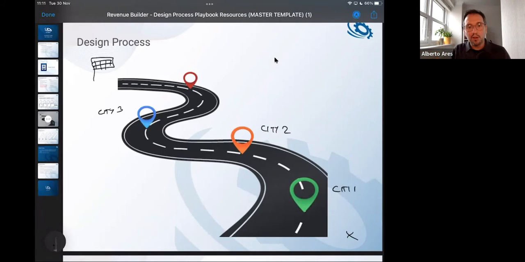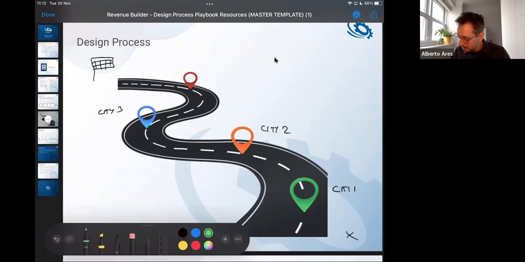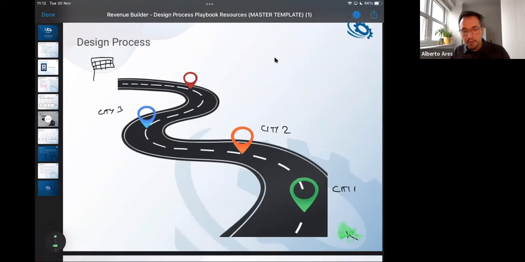A sales methodology is similar to a GPS, or something like Google Maps. It will tell you whether you are at the beginning of the process, right here, or whether you are close to your destination.